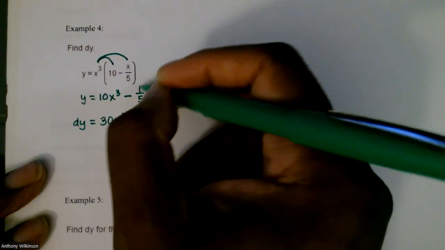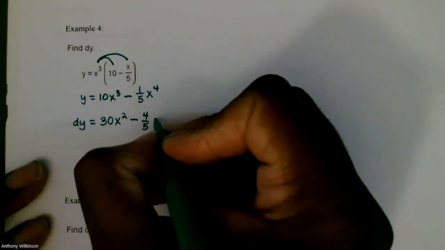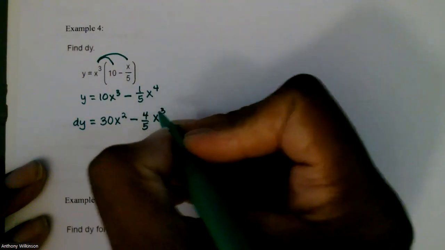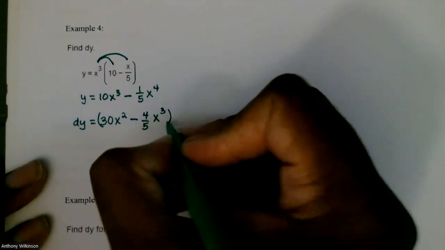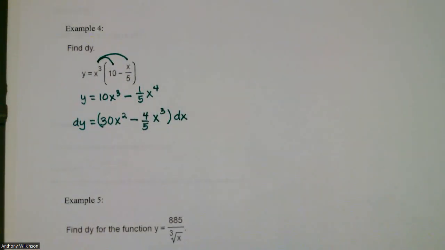We multiply that 4 times that 1/5, which will be 4/5. Copy over the x to the 1 less power. So it'll be x cubed. And all of this will be multiplied by dx. Okay, so dy then will be equal to 30x squared minus 4/5 x cubed, that quantity multiplied by dx.